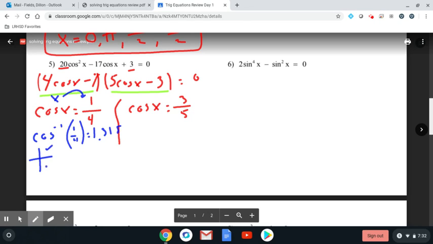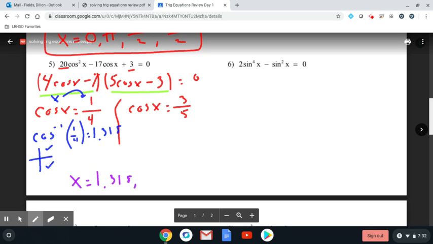So x is positive in quadrant number 1 and quadrant number 4, which means, when we go through and find our final answers, quadrant number 1 is just going to be whatever our reference angle is. So that means we're going to have our 1.318. But when we get to quadrant number 4, remember your closest x-axis is 2 pi.